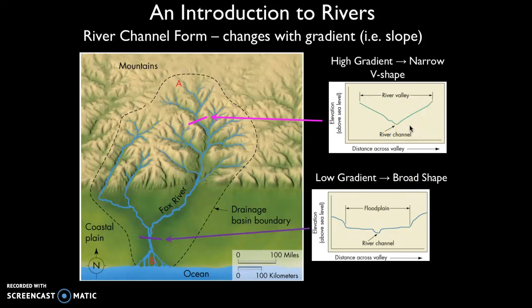In the Riggins area, you have very high mountains coming down into a very low valley, and so the river goes from very high potential to very low potential. So the Salmon River is a very good example of this V shape, and the Boise River is a very good example of this broad shape.